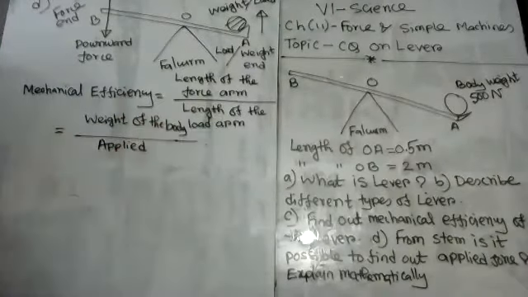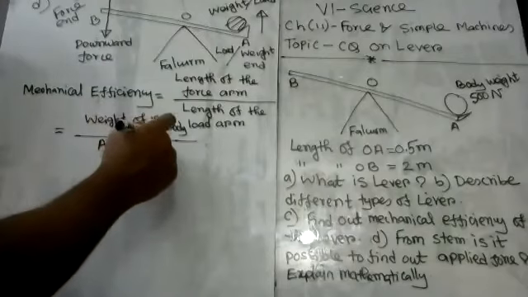Okay, so there are two formulas here. Number one is mechanical efficiency equal to length of the force arm divided by length of the load arm. And number two is also the ratio of weight of the body divided by applied force.